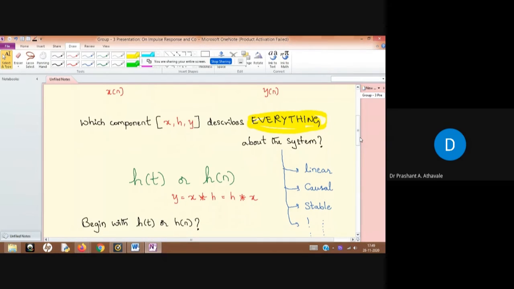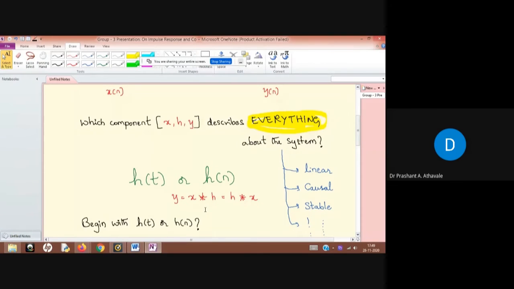I want to express that this is possible by looking at the concept of this impulse x convolution h. It's not audible, sir. You're losing your audio in between, Professor.